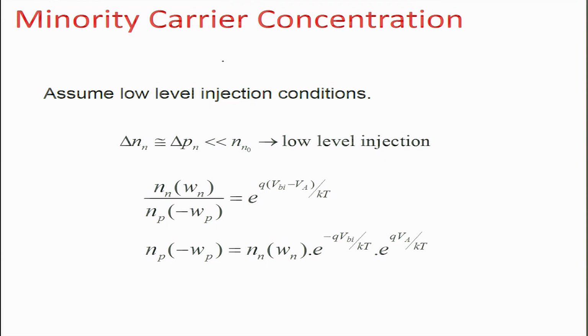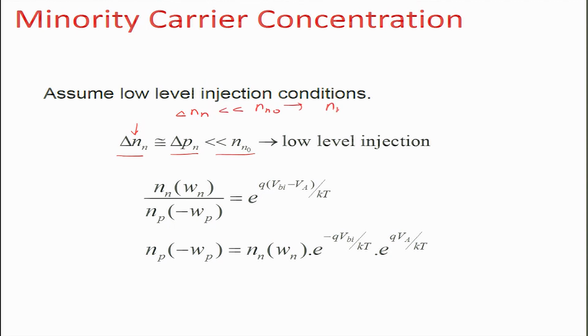If you want to talk about the minority carrier concentration, assuming that we have low level injection conditions, we are saying that delta Nn is equal to delta Pn, and this delta Pn is much smaller than Nn naught, okay. So the perturbation in both is similar, but this perturbation in majority carrier concentration is very small, so this delta Nn is very small as compared to Nn naught.